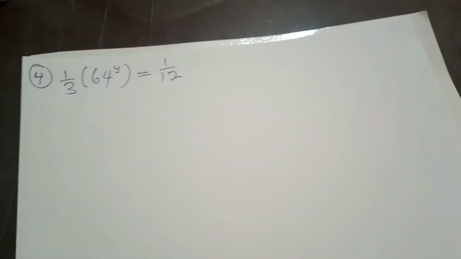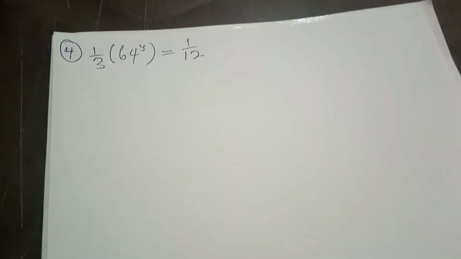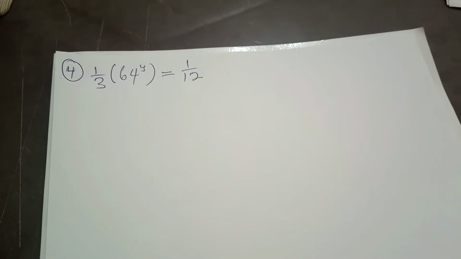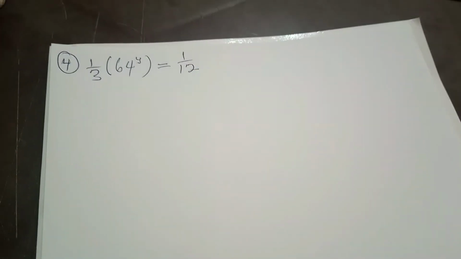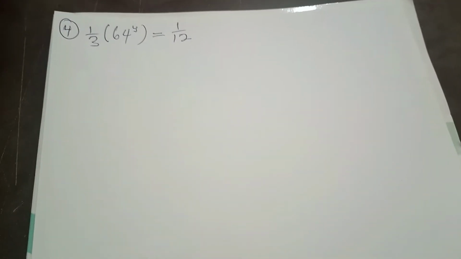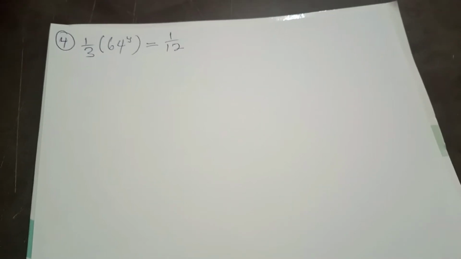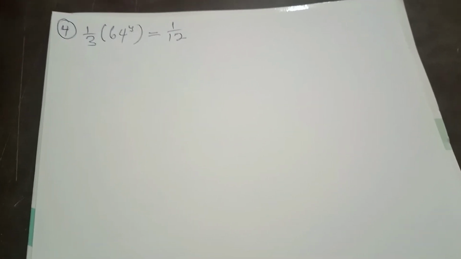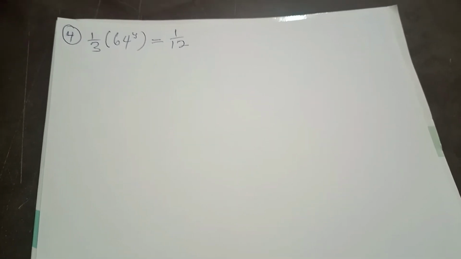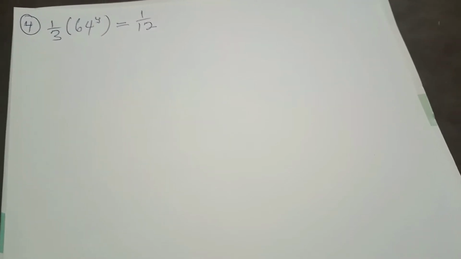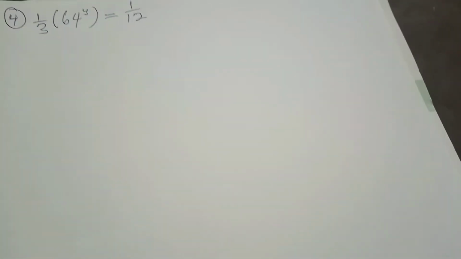So again with this one, we are trying to work it out so that we can have indices, because that is the main aim of these exponential equations. Our main aim is to express them in such a way that we can have a common base at the left hand side and the right hand side. Then we equate exponents. So how do we do that?